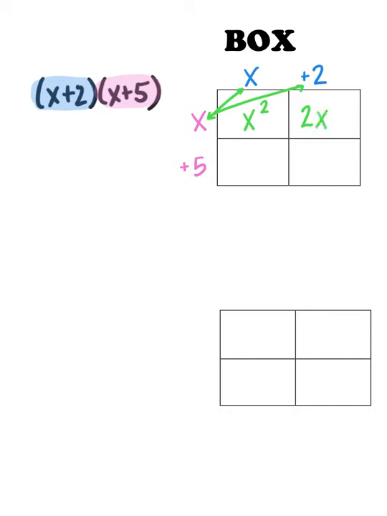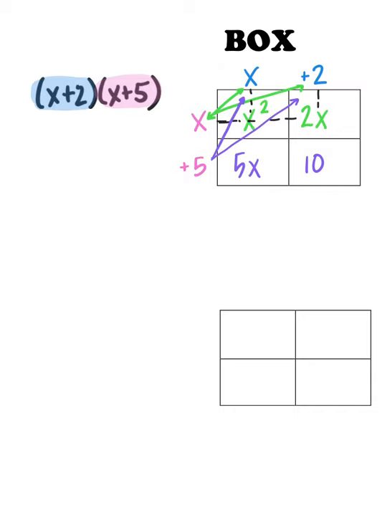Then we come down to our plus 5, and I'm going to multiply my 5 to my x, so I get 5x, and then my 5 to my 2, and I get 10.